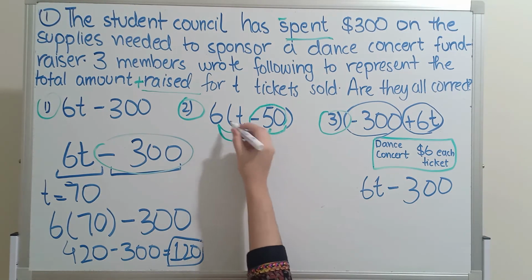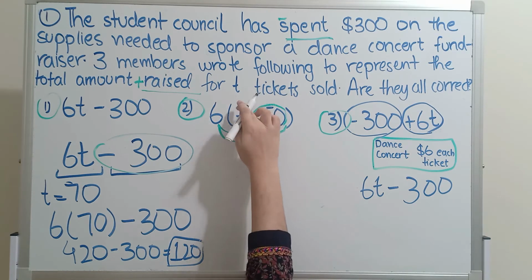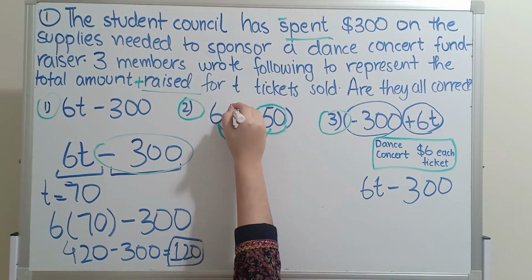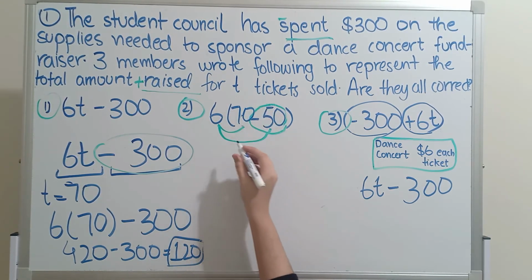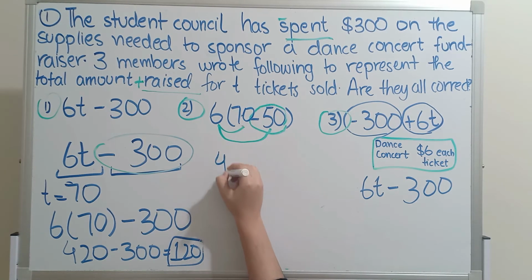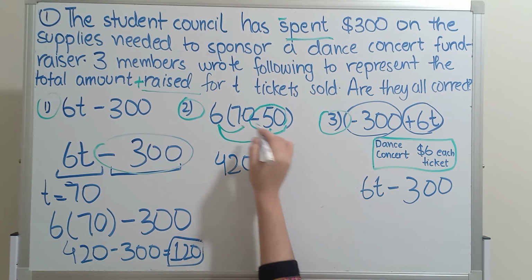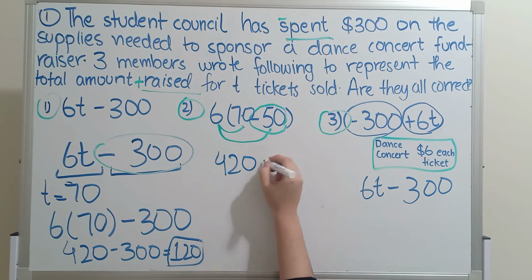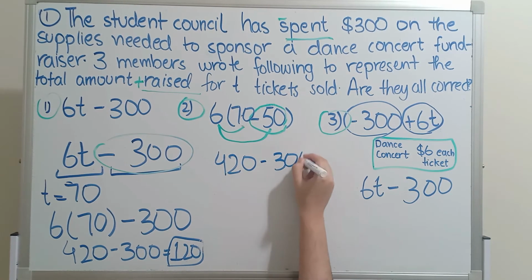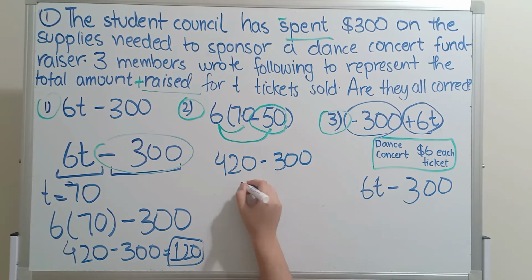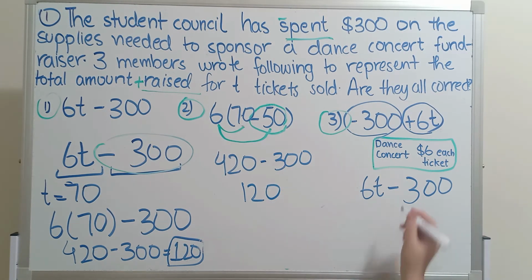So 6 times t, so the t will become 70 here. So 6 times 70 is going to give us 420. 6 times negative 50 will give us negative 300, which will also end up in $120. Let's do the same here.